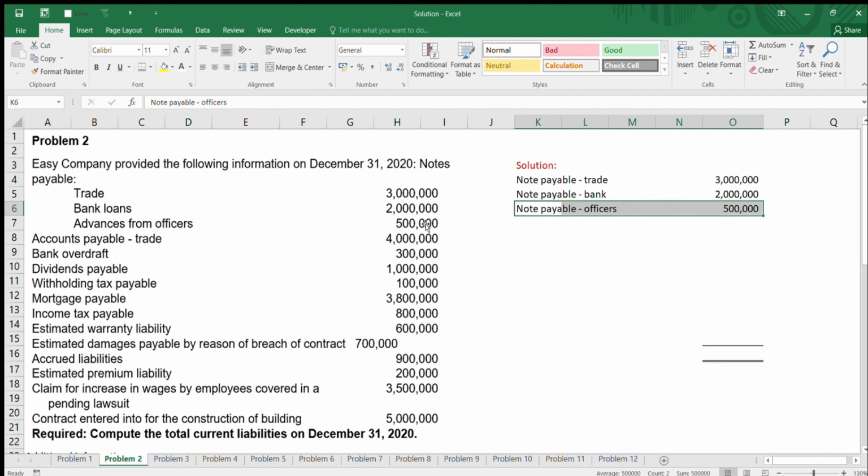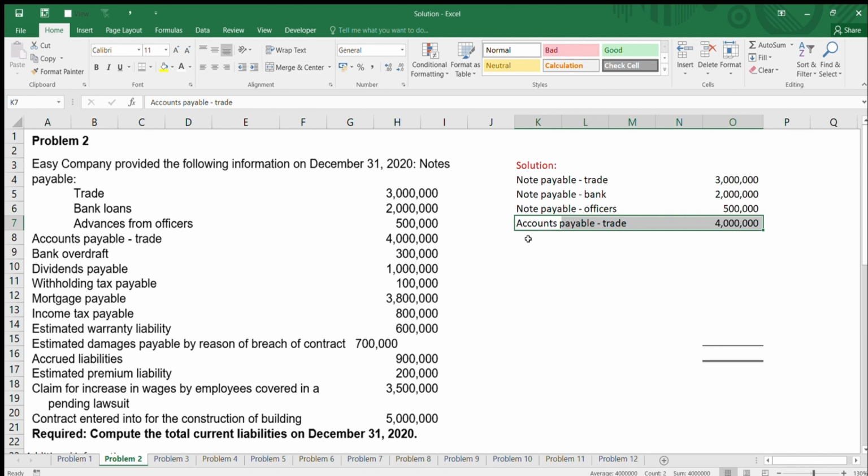Next, accounts payable trade. So, again, the same reason for trade, that is part of your current liability. Next, bank overdraft. Okay? We mentioned this before in cash. If we have a bank overdraft, meaning you over-issued checks. So, you issued many checks here, and your bank balance went negative.